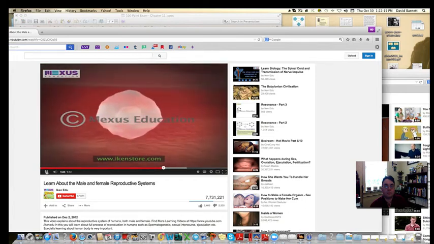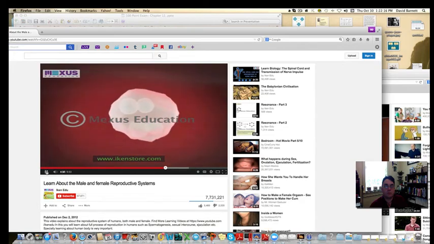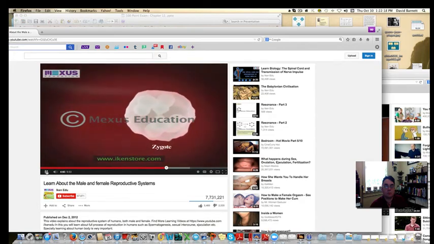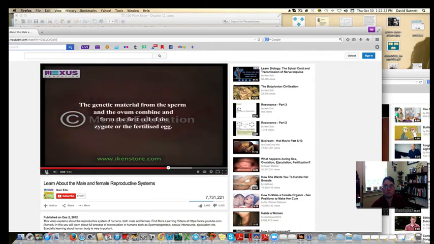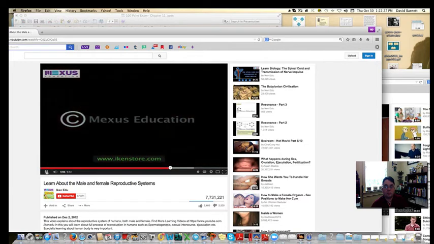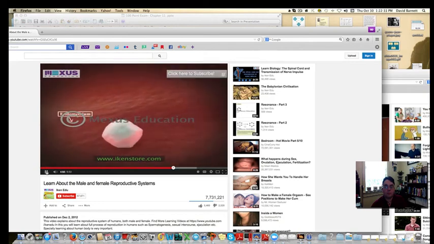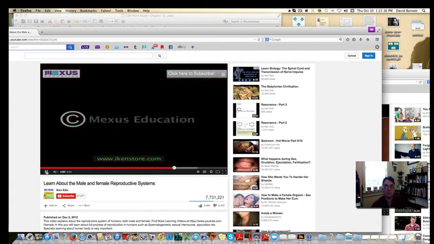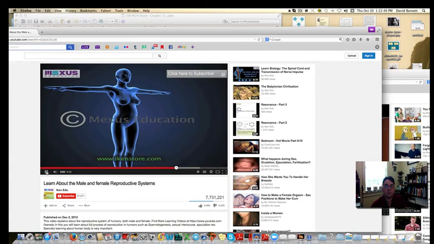The genetic material from the sperm and the ovum combine and form the first cell of the zygote or the fertilized egg. The egg then travels to the uterus, where it attaches itself to the endometrium. The fertilized egg develops into a human baby over a period of 40 weeks.